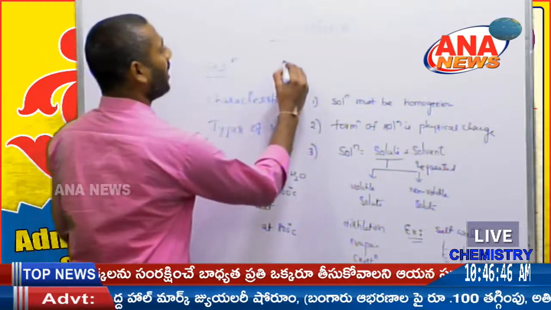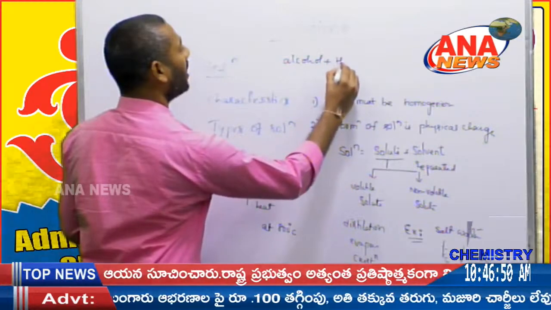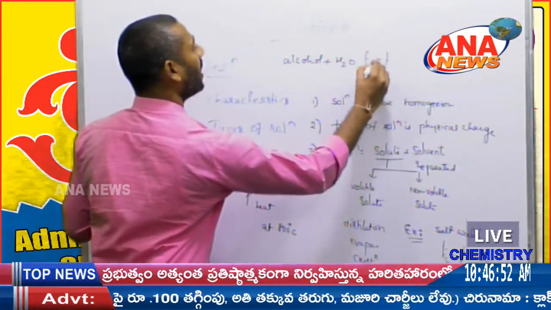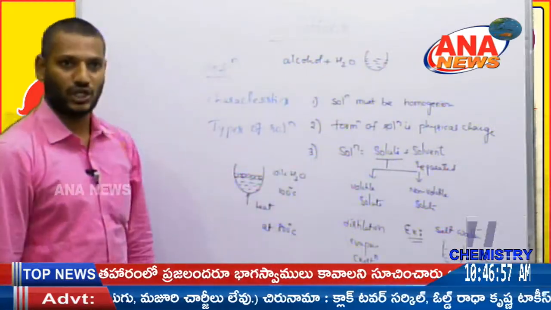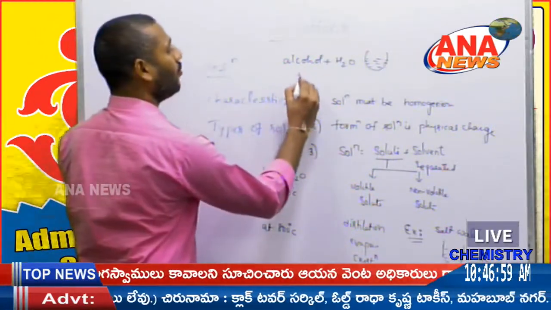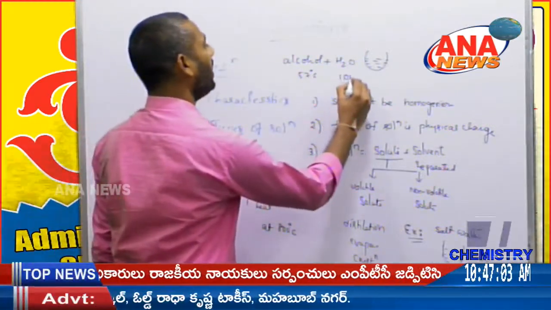Similarly, alcohol plus water. In this case, both water and alcohol are in the same phase, so this is called a volatile solute. In this, alcohol has a boiling point of only 57 degrees centigrade, while water is 100 degrees centigrade.